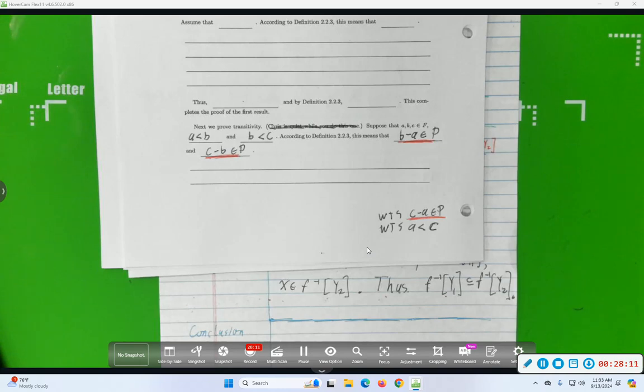When in doubt, don't worry about getting a particular result. Let's just try something. I know that B minus A and C minus B are both positive. I'm just going to try something. Let's see what closure under multiplication does for me. I've got spare paper.